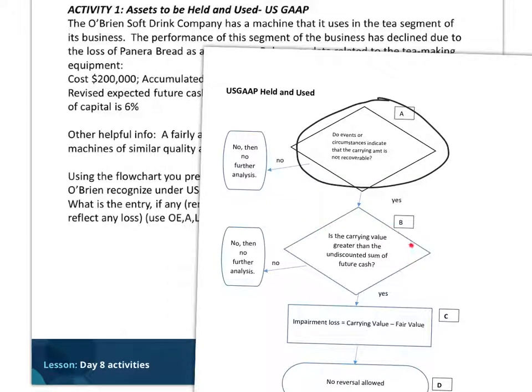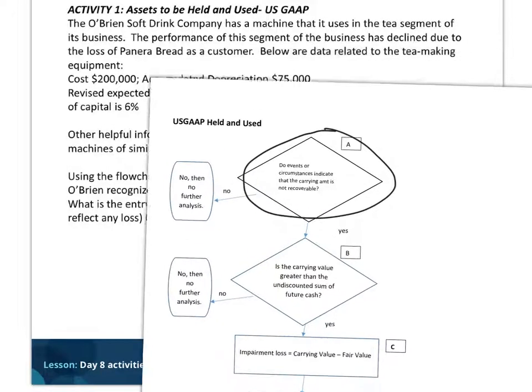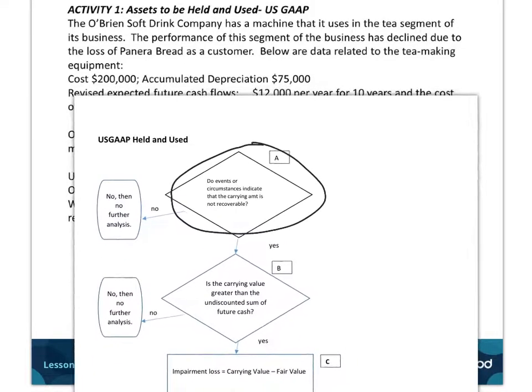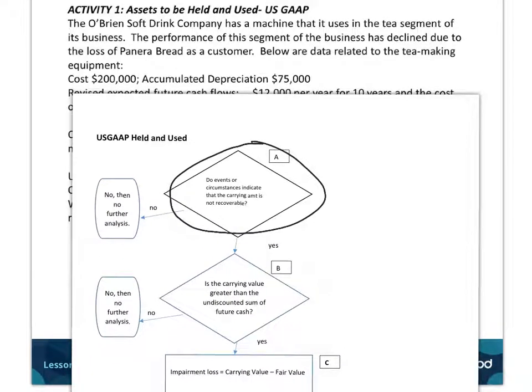So there's two things we need to make sure we can calculate. One's the carrying value, and one is the undiscounted sum of cash flows. So let's look and see with the information, first of all, what is the carrying value? The carrying value in this problem is pretty straightforward. I'm going to abbreviate it CV. You remember this should be automatic at this point. That's going to be our cost minus accumulated depreciation.